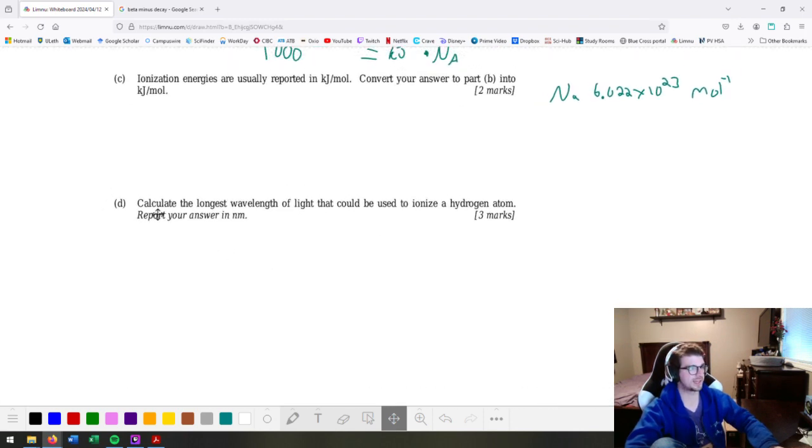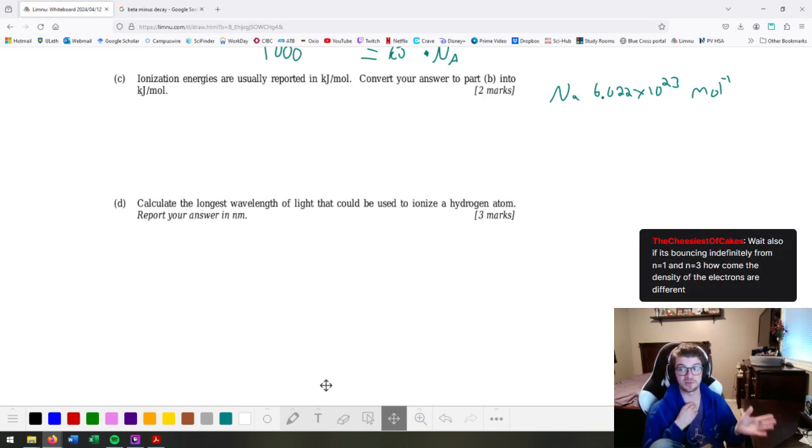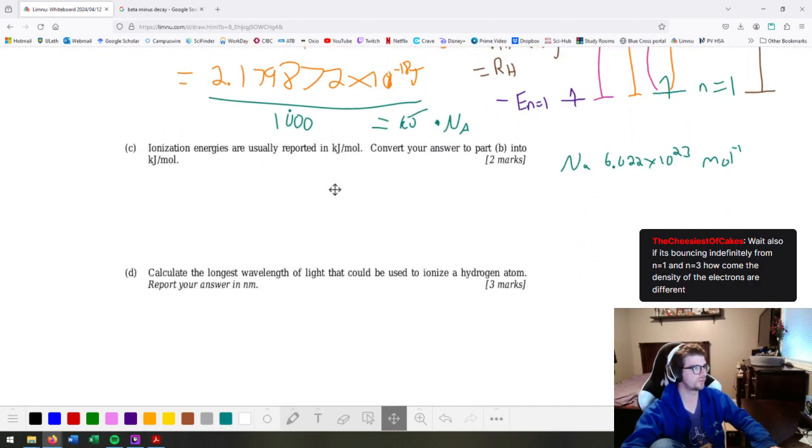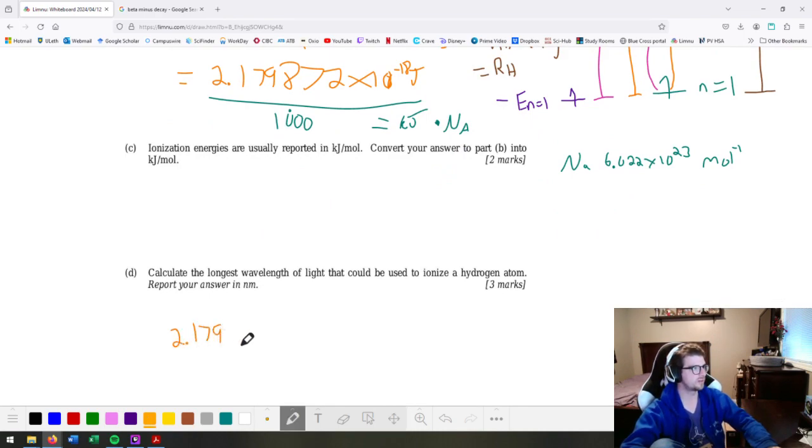All right, so calculate the longest wavelength of light that can be used to ionize a hydrogen atom. I love this question because this is going to illustrate the relationship between the wavelength or frequency of light and its energy. So the energy is 2.179872 times 10 to the minus 18 joules.